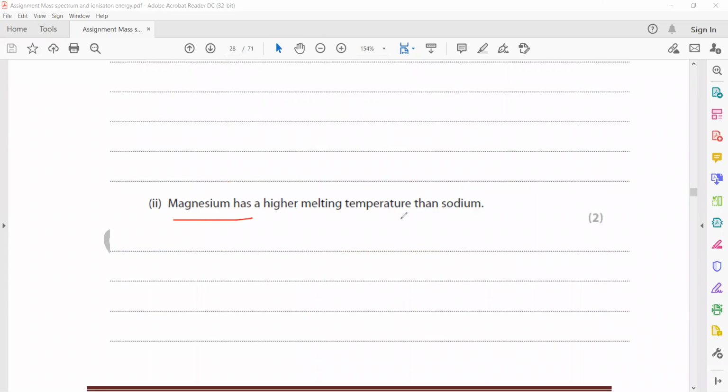Both have metallic bonding, but the magnesium ion is smaller in size compared to the sodium ion, and magnesium has a charge of plus 2 where sodium has a charge of plus 1. So when you write the answer, you will mention that magnesium atoms or ions are smaller compared to sodium, and magnesium has a greater charge and more electrons in the structure as compared to that of sodium.